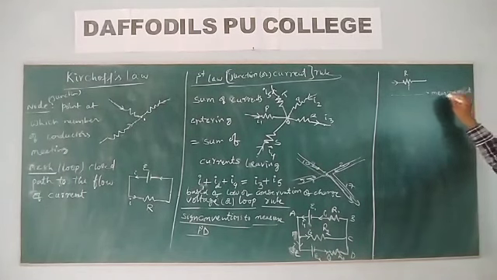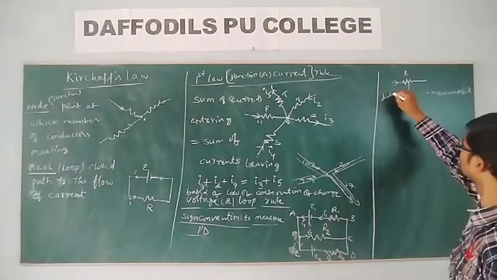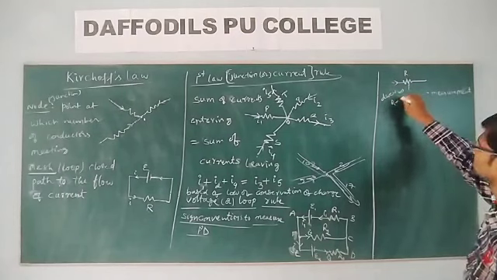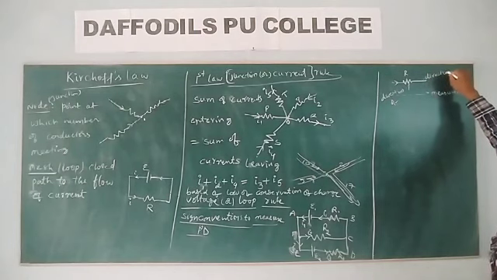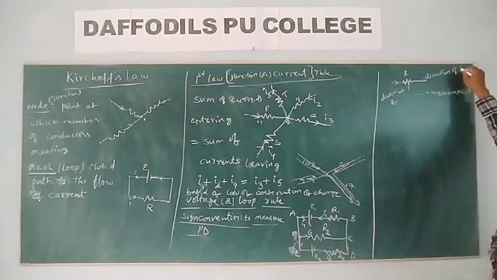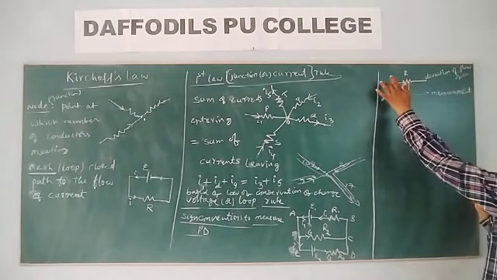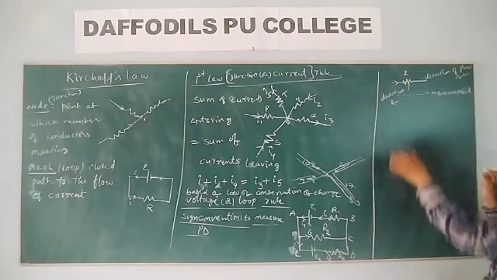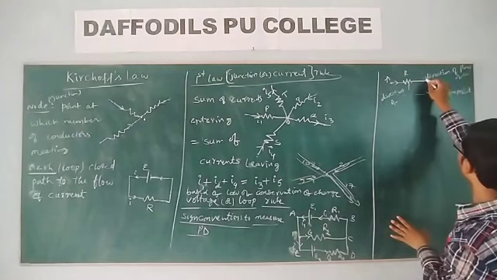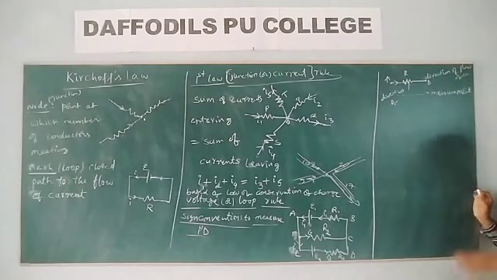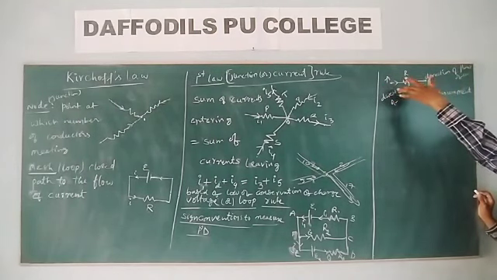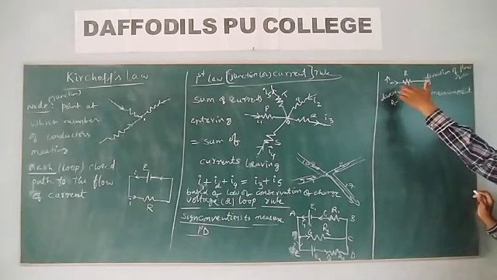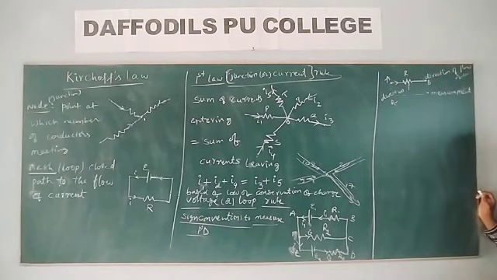Now we are measuring the potential difference between two points, A and B, from A to B, and the direction of the current is also in the same direction.